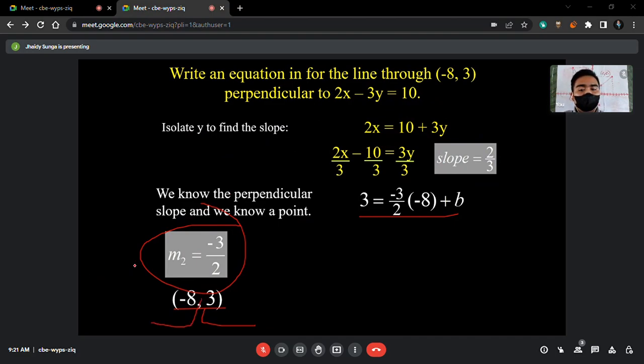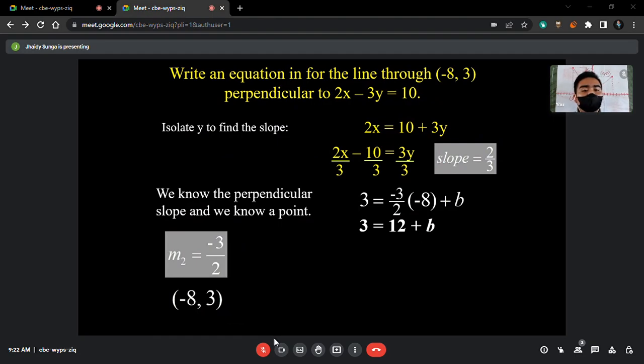As we substitute them, we could simply multiply the slope to your negative 8. If we multiply that one, it will become positive 24. 3 times 8 is 24, but it's both negative, that's why it will become positive 24. And we divide 24 by 2, the answer is 12.